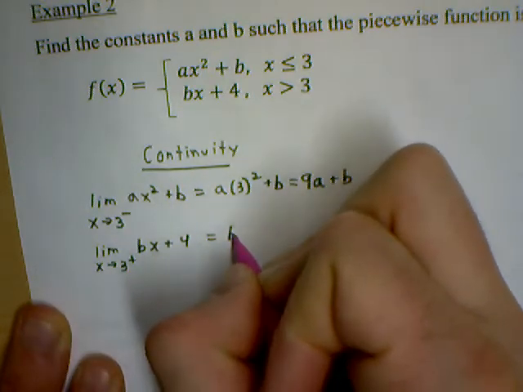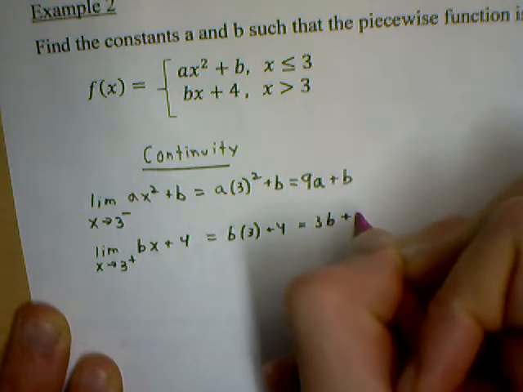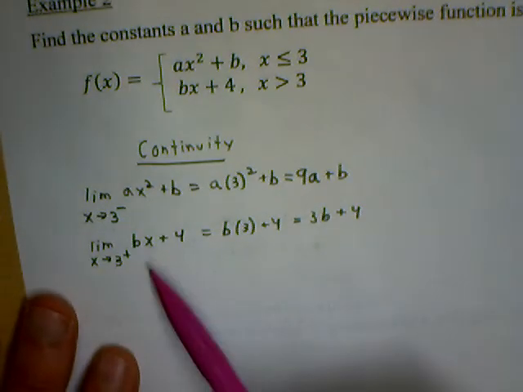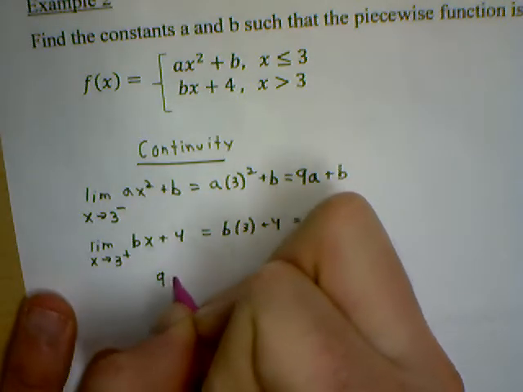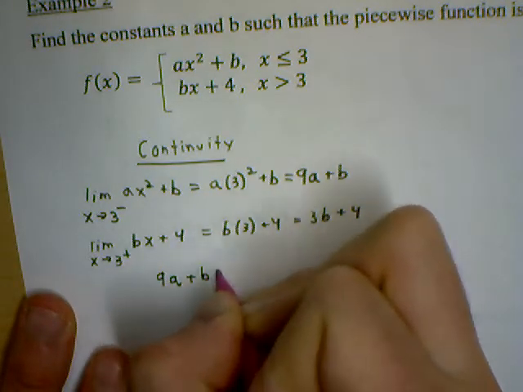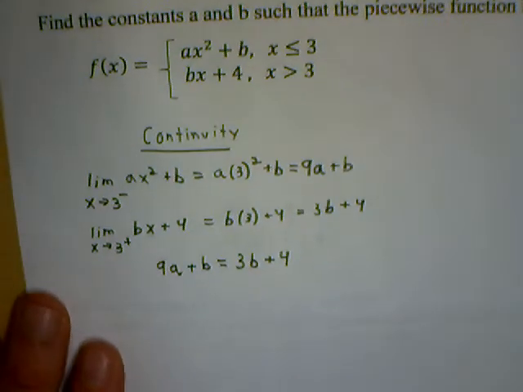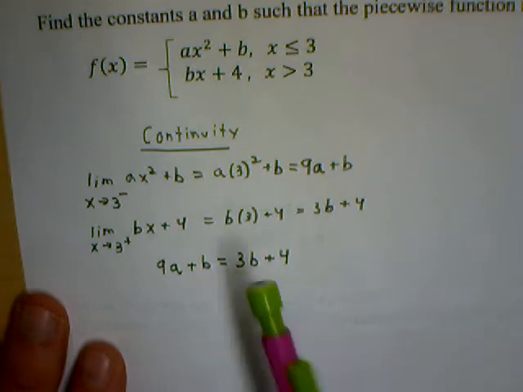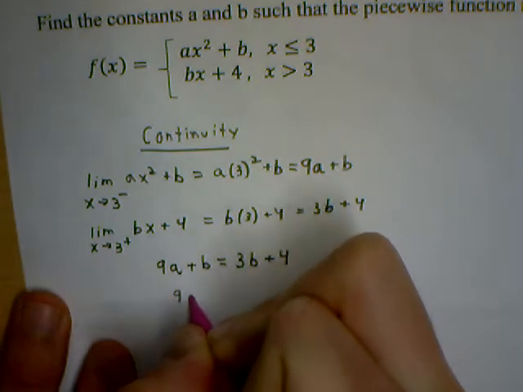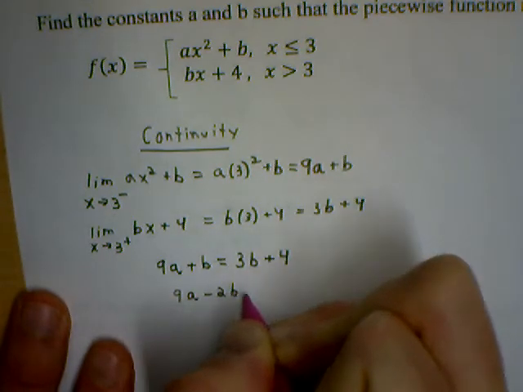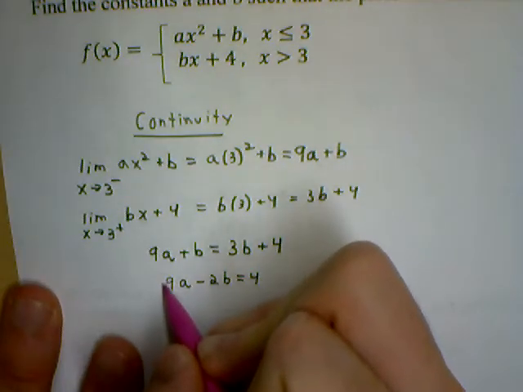Plug in 3, and I get 3b plus 4. Now, if the function is continuous, both limits must be equal. So 9a plus b has to equal 3b plus 4. Let's clean this up a little bit and get both a and b on the same side. Subtract 3b from both sides, and I get 9a minus 2b equals 4. Save this for later.